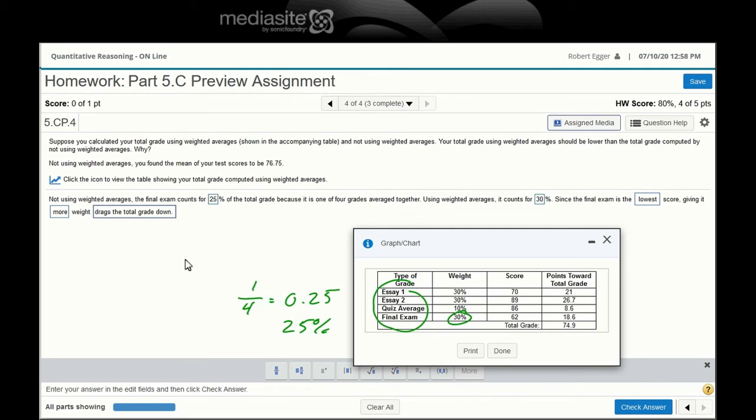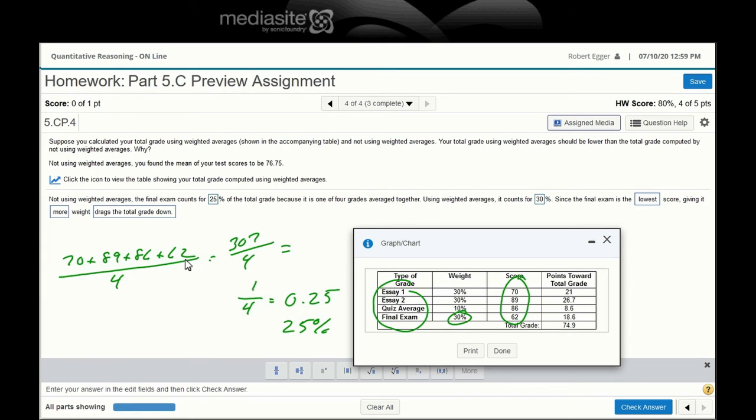So out of curiosity, if we just add these guys up, what do we get? Let's just do the unweighted average. 70 plus 89 plus 86 gives me 307.